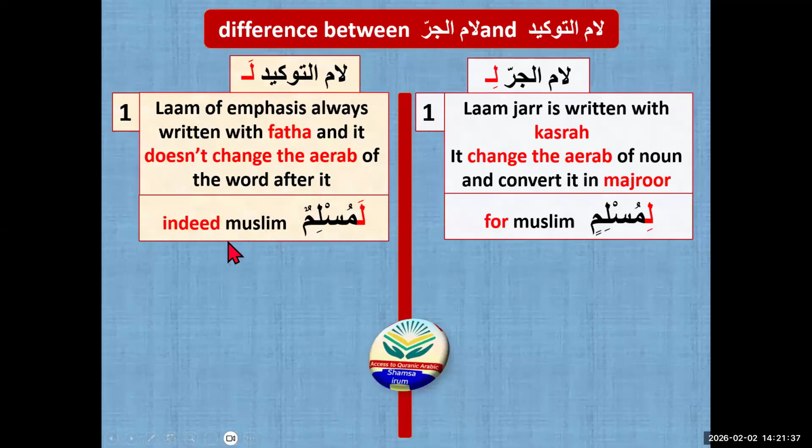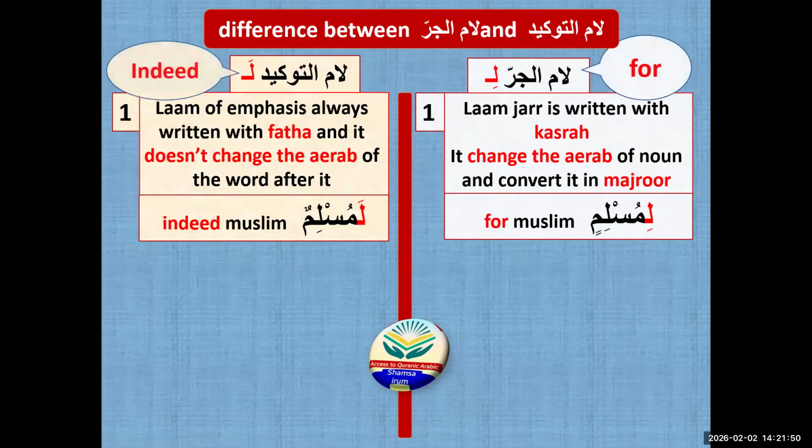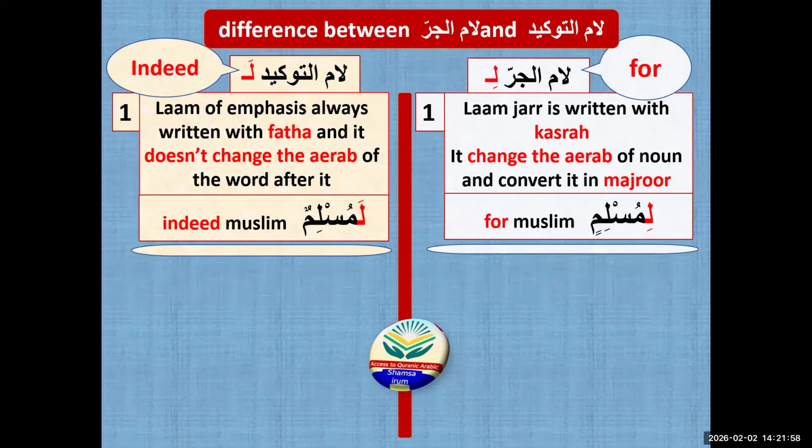La means indeed Muslim, surely Muslim, certainly Muslim, no doubt Muslim. So Laam of Jar gives the meaning for, and Laam of Tauqeed gives the meaning indeed, verily, surely, or certainly. All right, I hope you get this point.